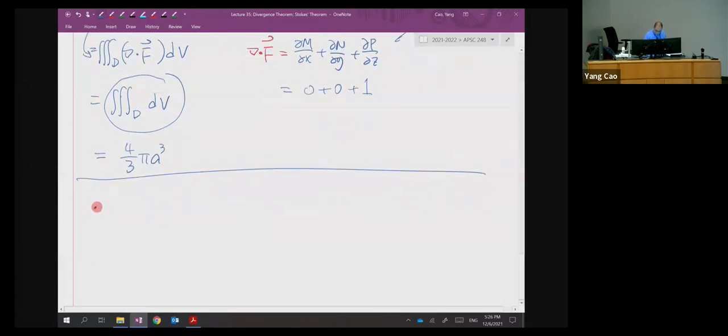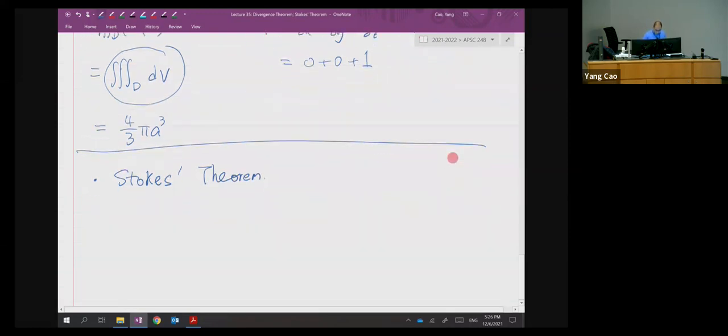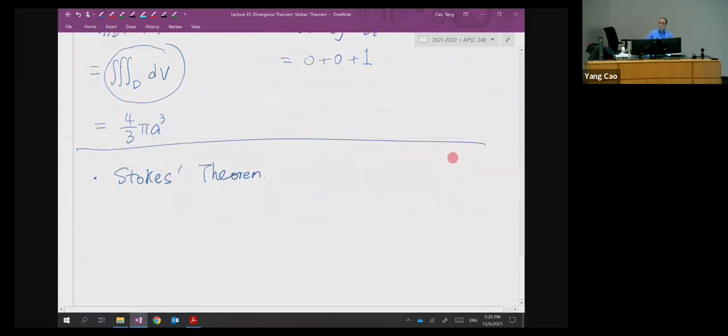Okay, last theorem, Stokes theorem. Again, let's write down the Stokes theorem's definition first, and then we'll dive a little deeper into the physical meanings of how to better interpret it.